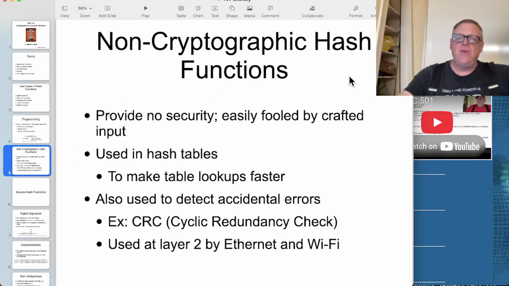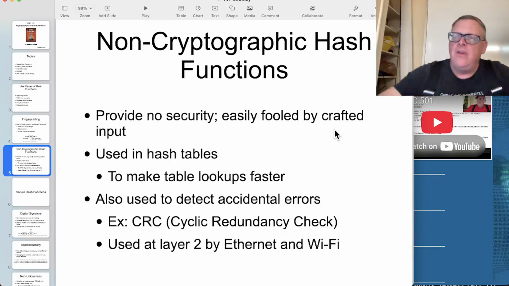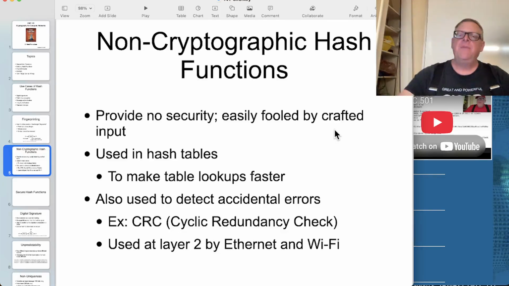So there's non-cryptographic hash functions, which are around because there's another use of hash functions not involved in cryptography, which is just in computer science. If you're trying to store a lot of data in a table, it often turns out to be a good idea to have an index to store it, and that index is calculated from the input to make like a simple address to store it in the table.